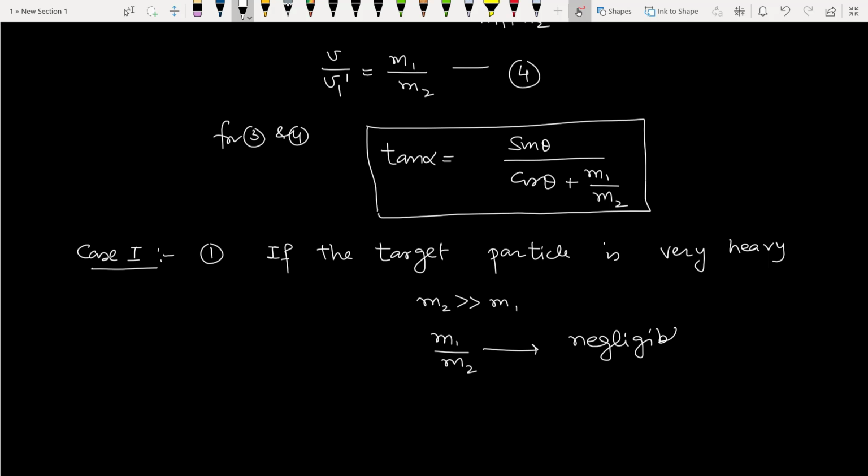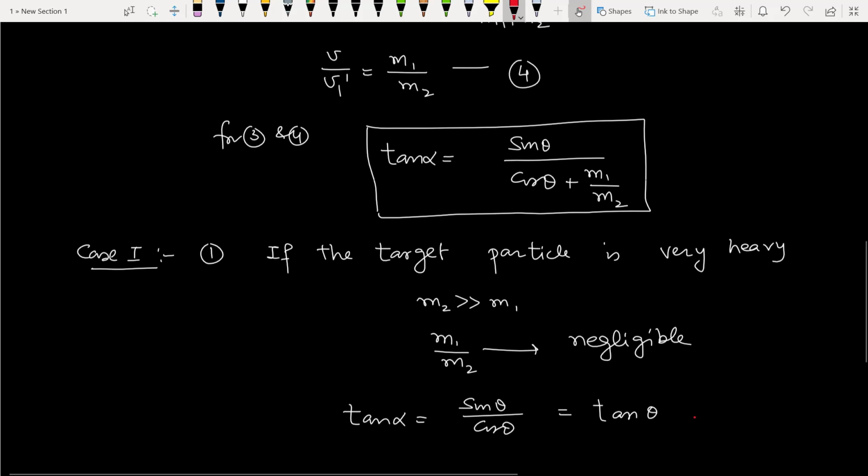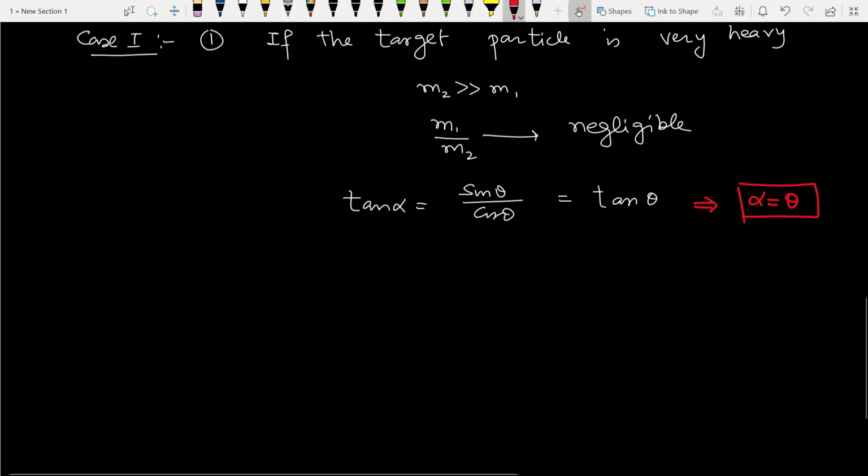We can ignore this term. So tan alpha will be sin theta by cos theta, which gives us alpha equal to theta. Both angles in lab system and center of mass system will be equal if the target particle is much heavier.